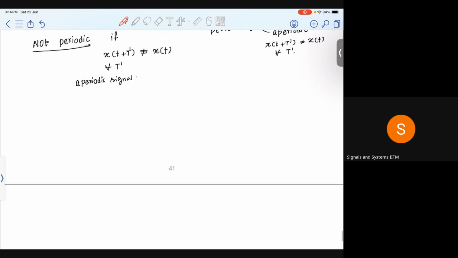Okay, so let's take this example, which was already discussed in your class, which I would like to recall again. The sum over n from minus infinity to infinity.